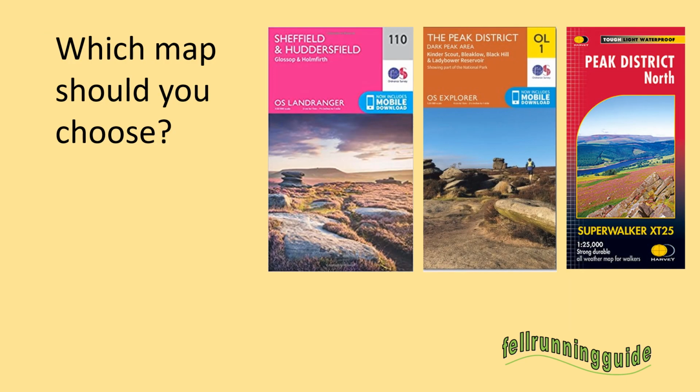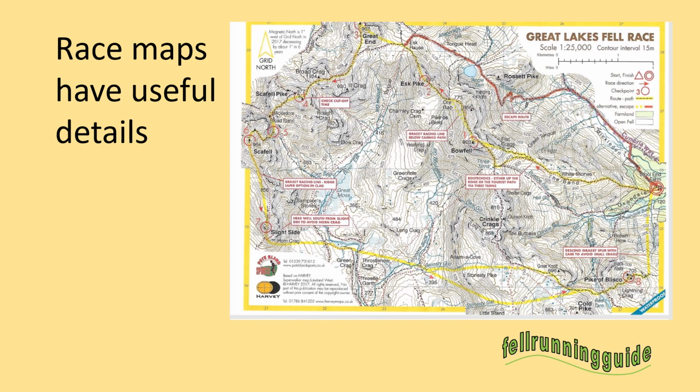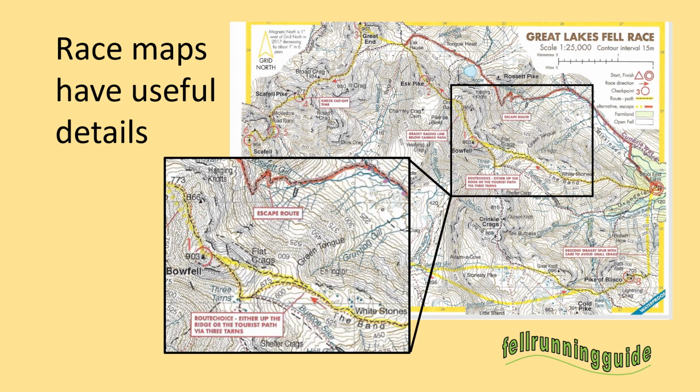So which map are we going to choose for the running that we do? Well, if we were doing a race, it would make sense to have a specific map for that particular race. And these can have some really useful details on them. So if we look at this Great Lakes map, we can see that the red line is shown as an escape route.